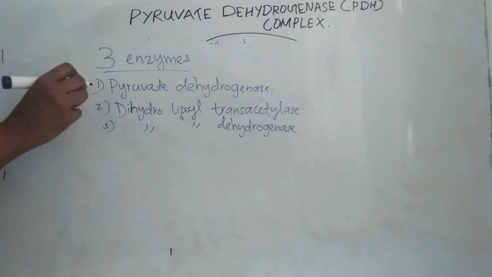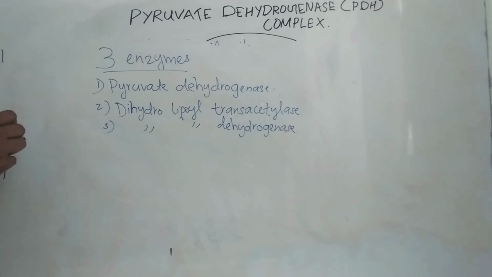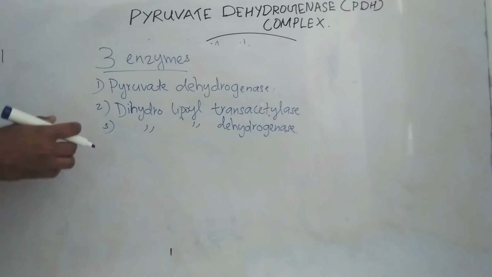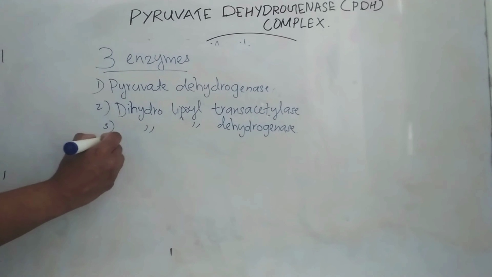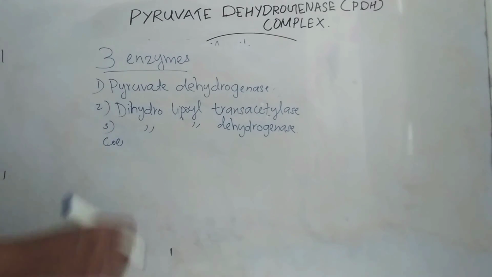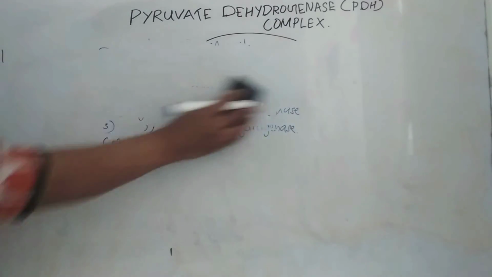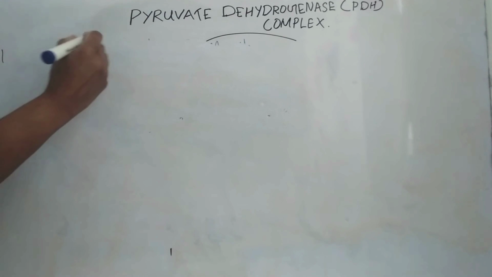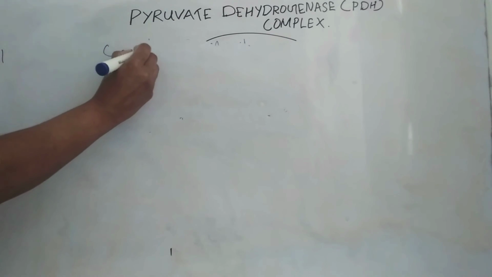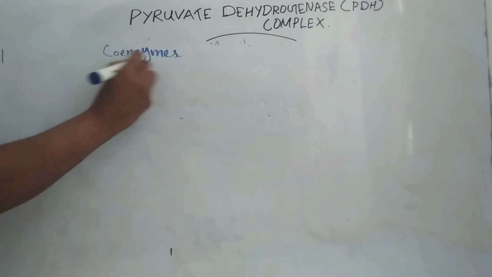So, these are the 3 enzymes in the pyruvate dehydrogenase complex, and this complex also contains 5 coenzymes.